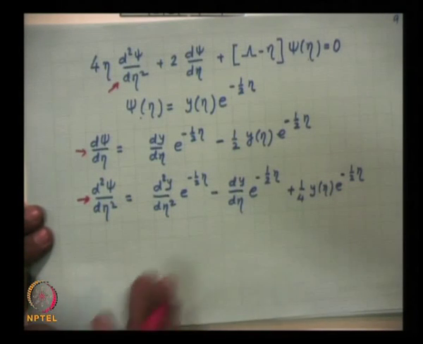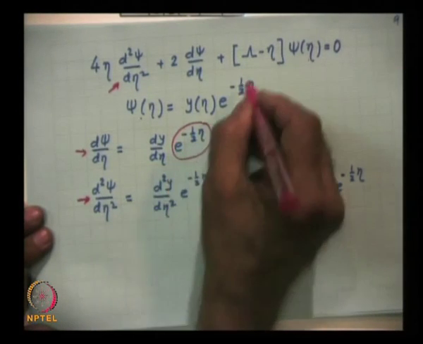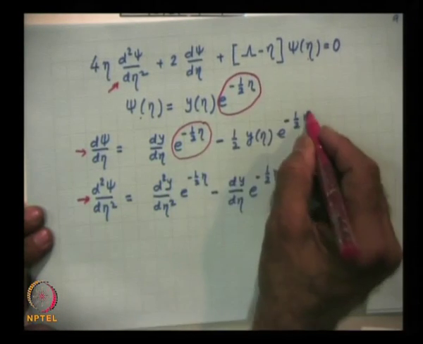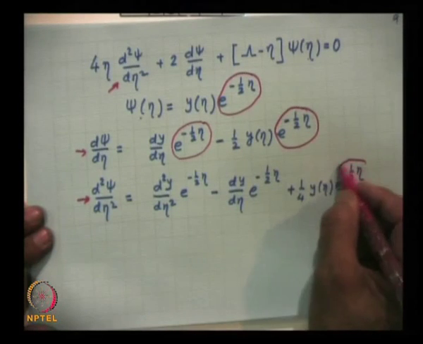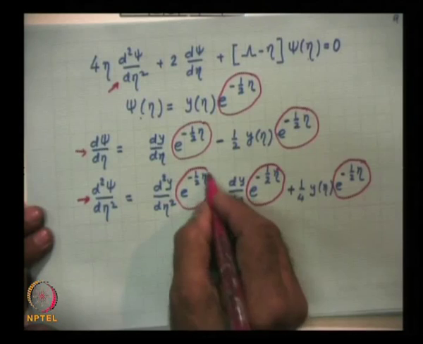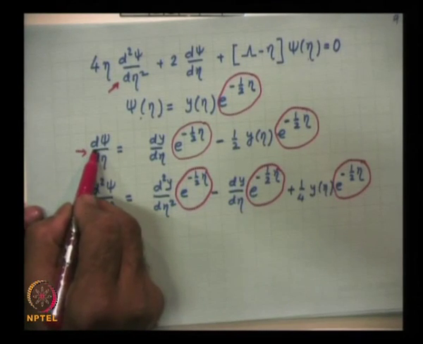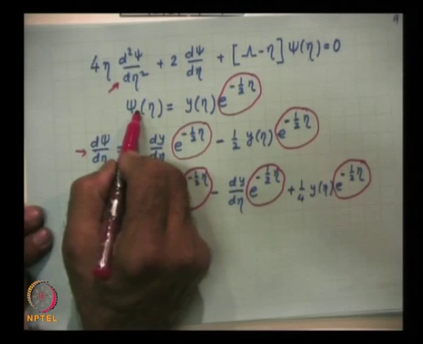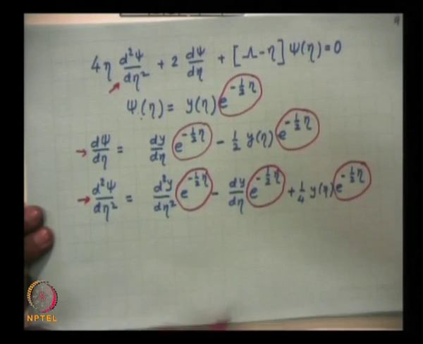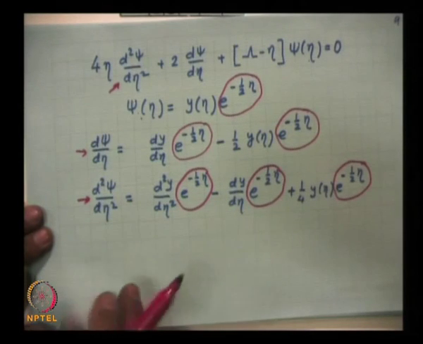So, that term e to the power of minus half eta, which appears in all the terms, will just cancel out. When I substitute for d2 psi by d eta square, d psi by d eta and psi of eta in this equation, this term will be common to all of them and then it will cancel out.